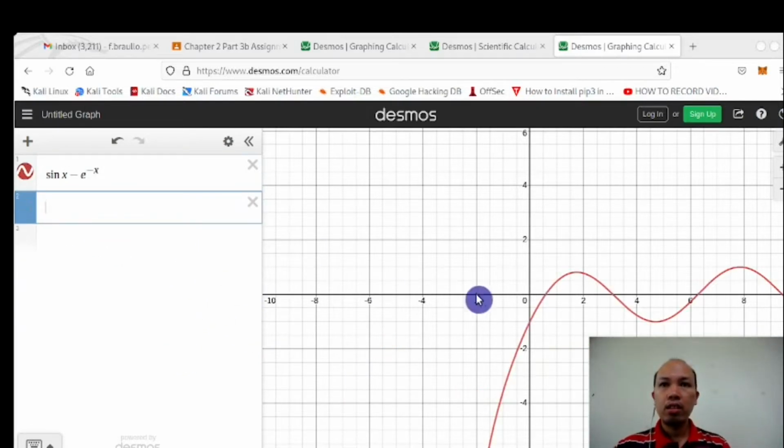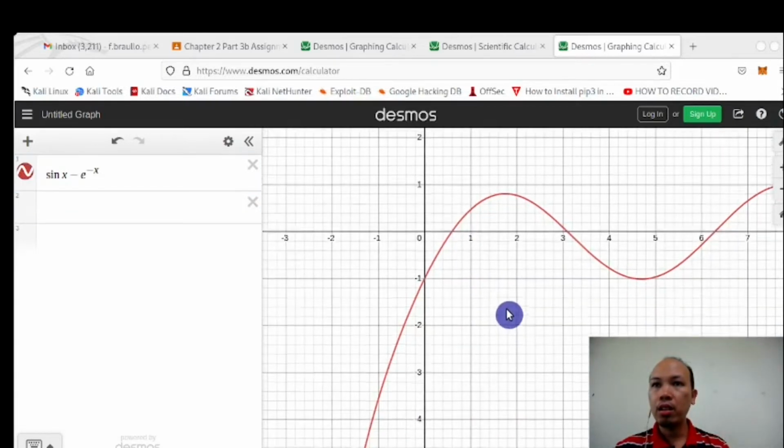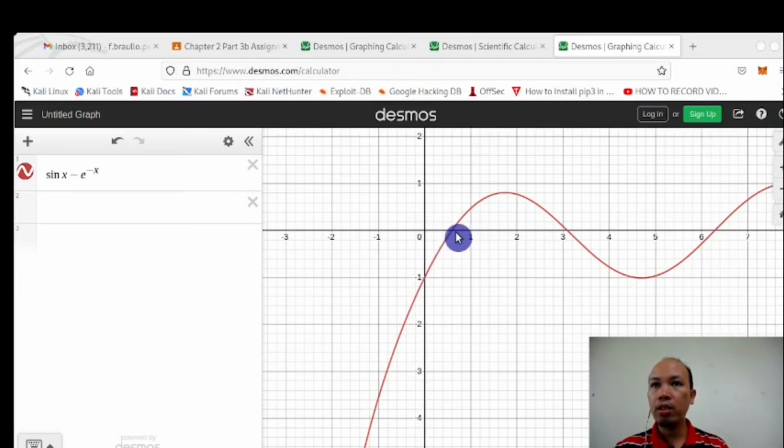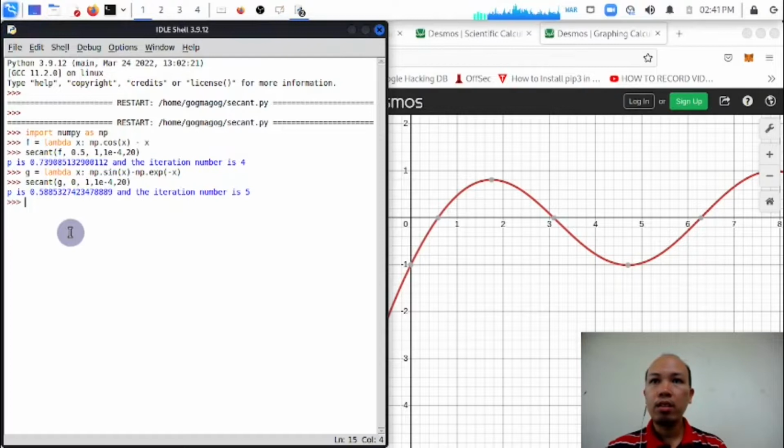Okay, so in the interval 0, 1 we have this root here, 0.589. But based on our computation, we have here 588. We have here 589 rounded to 3 decimal places. So this is the correct value.